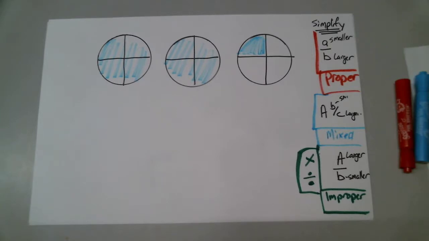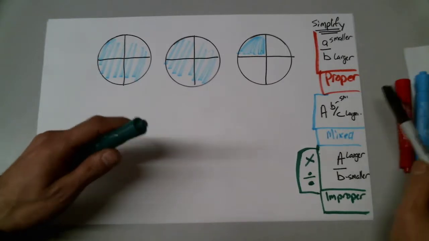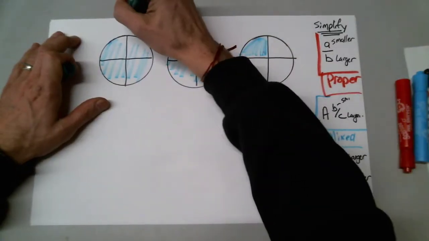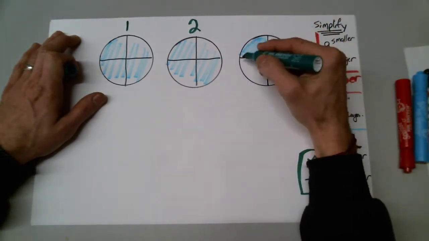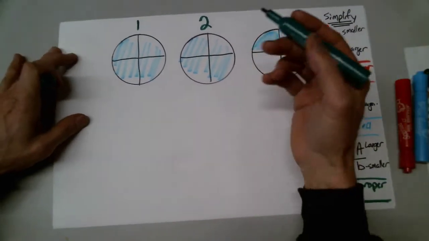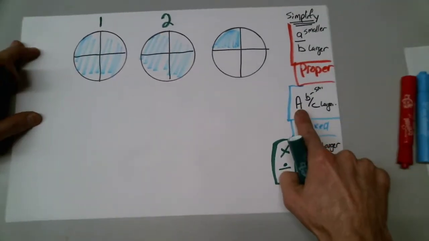So the very first thing is how many wholes, let's call these pizzas because I'm hungry and I like pizza. How many whole pizzas do I have? I have 1, 2, and is this one whole? No. So I have 2 whole pizzas. That's this big number.